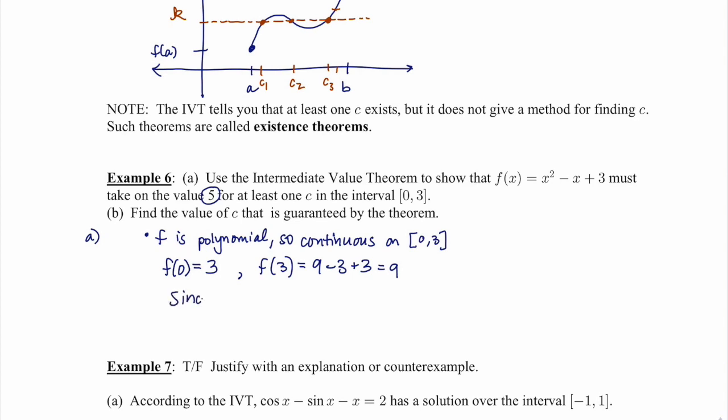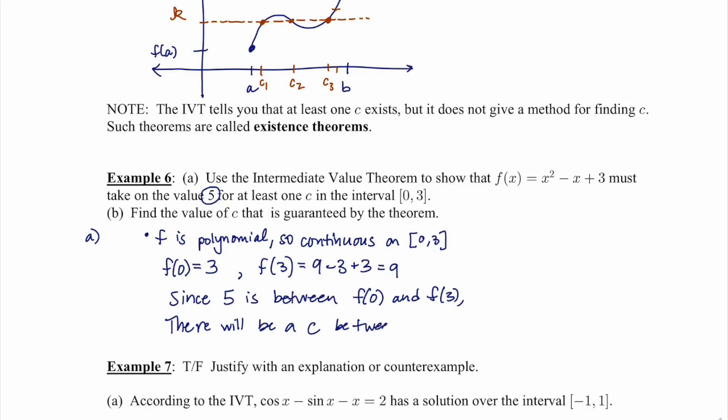We can say since 5 is between f of 0 and f of 3, there will be a c between 0 and 3 such that f of c is 5.